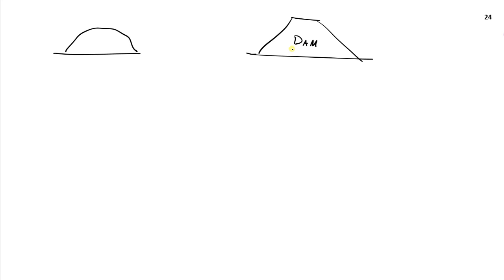So you can call it fill or dam, it's the same thing. This is fill and this is borrow area. So the volume of this fill is 5 into 10 raised power 6 cubic yard, 5 million cubic yard, and the void ratio of this fill is 0.8.